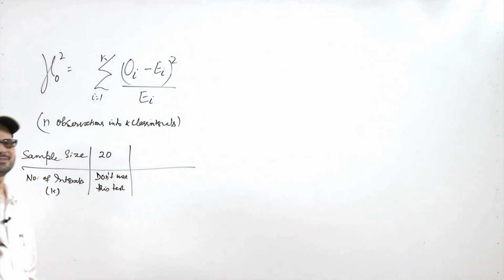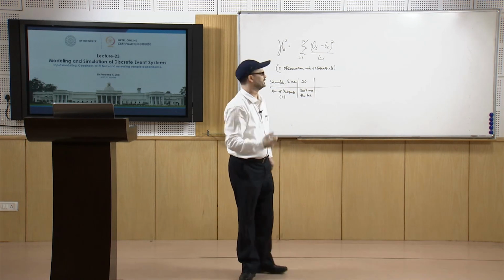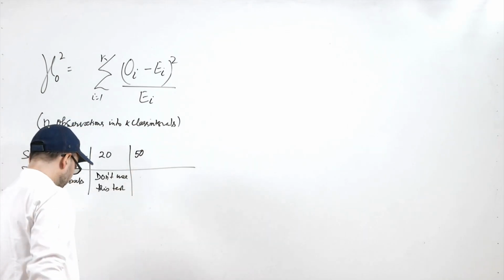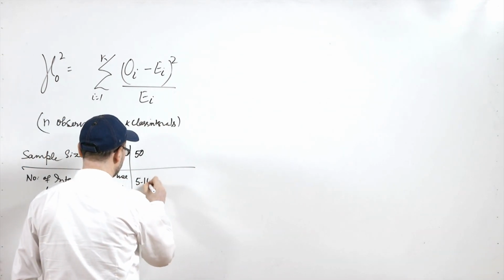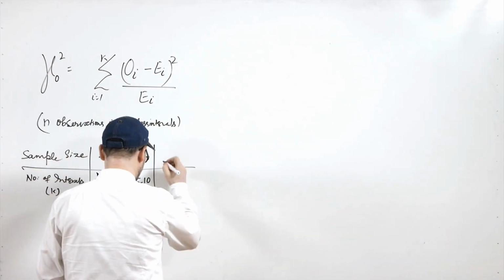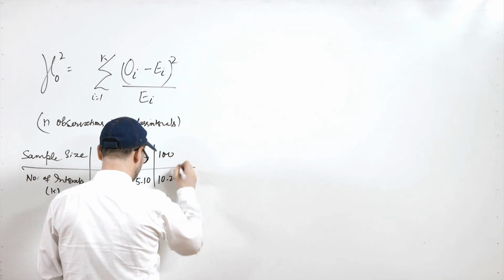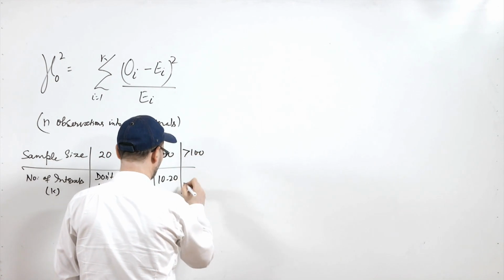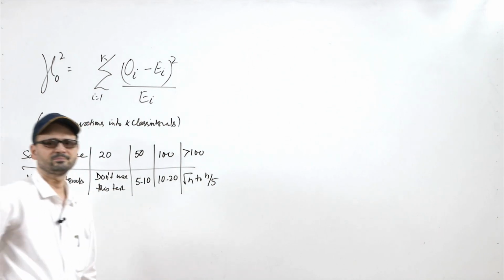Normally your sample size should be larger; only when the sample size is large do you use this test. If the sample size is 50, the number of intervals can be 5 to 10. Similarly, if it is 100, you go from 10 to 20, and if it is more than 100, then you go from square root of n to n upon 5.